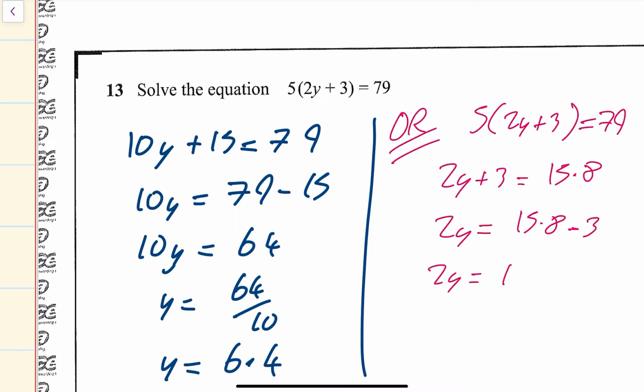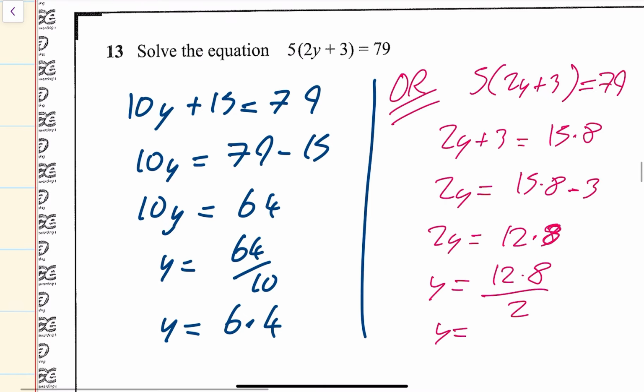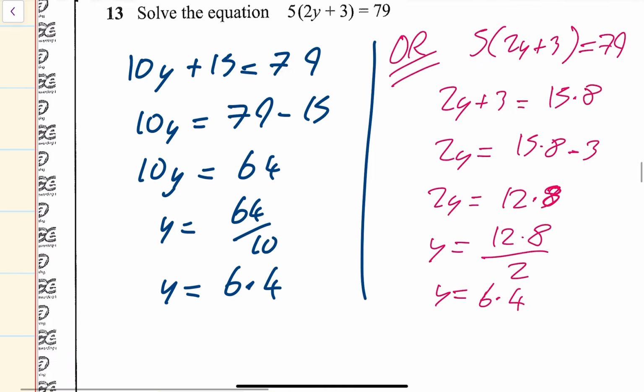So 2y is going to be 12.8, I can't read my own writing, 12.8, and then 12.8 divided by 2, and y then works out to be 6.4. Okay, is that all we have to do? Yep, y equals, yep. Oh, scatter graph, great.